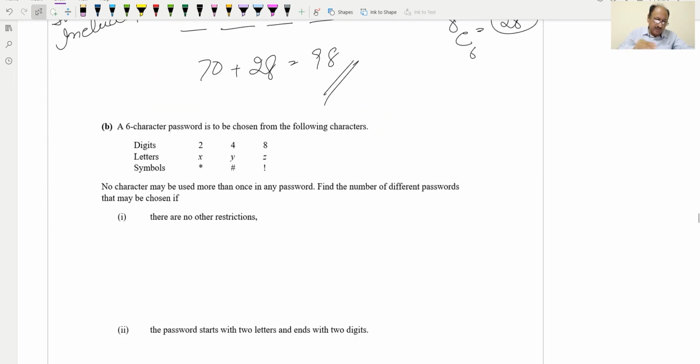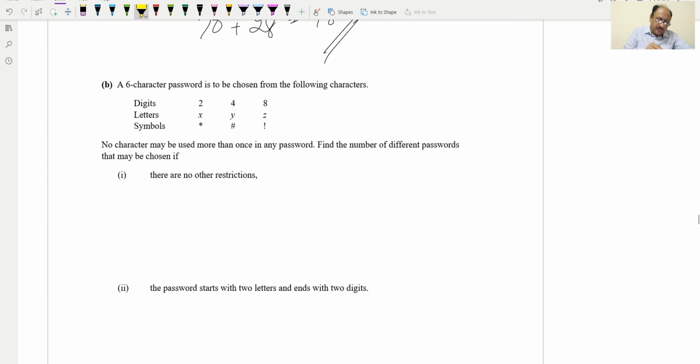Now for the B part, which says a 6-character password is to be chosen from the following characters: 3 digits 1, 2, 3, 3 letters, and 3 symbols. No character may be used more than once in any password. Find the number of different passwords that may be chosen if, part 1, there are no other restrictions. So we have to choose everything from everything. How many do we have to choose?